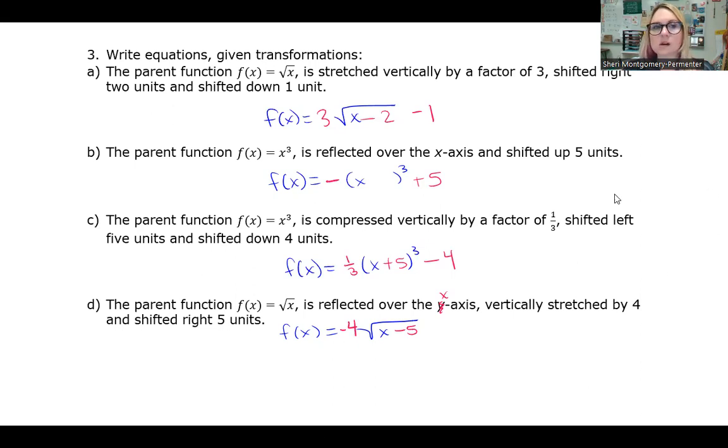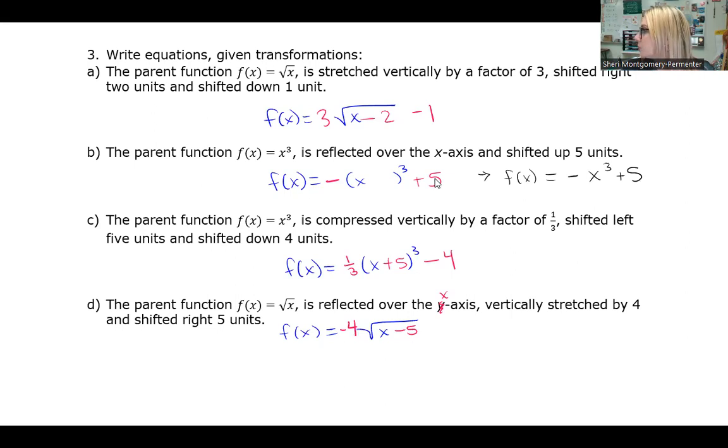So, B is just x cubed plus 5? D or B? B. Yeah, so if that is weird to you to have that little space, this is the same thing as f of x equals negative x to the 3rd power plus 5. It's the same thing. But I just set it up so that when I have a cubic, something could go there, something could go there, something could go there.